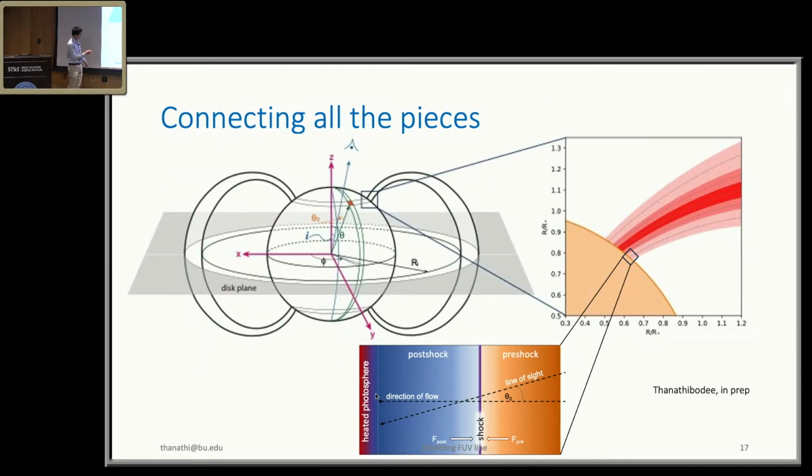When we piece everything together, we have the flow line here, zoomed in. We split all those density flows into 5 columns. The inner one is the highest density and gradient out. And zooming in on each of those columns, we have pre-shock, post-shock, and heated photosphere.